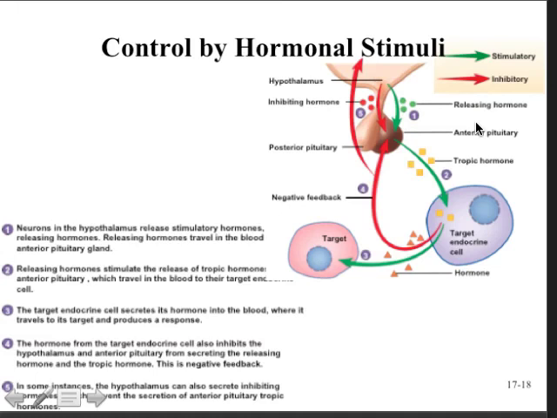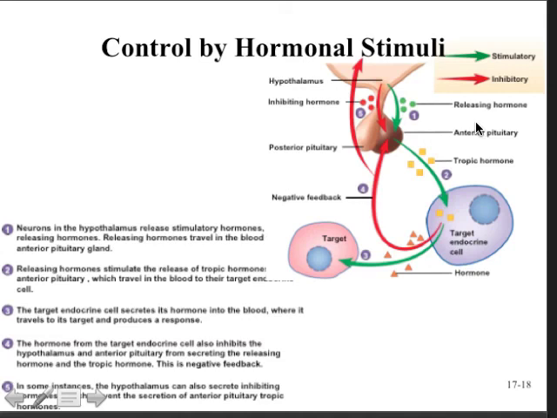Control by hormonal stimulus is probably one of the most common ways that we keep the endocrine system doing its job. Essentially what happens here is that the endocrine organ will produce a secretion in response to a changing condition in the body.